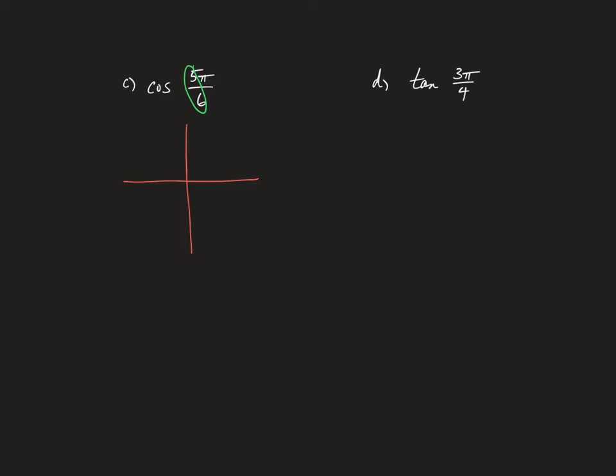That means that when I rotate, I'm going to be a little bit short of pi. And again, my radian measure is already giving me my related acute angle. If I rotated 5/6, I must have been 1/6 short of pi.